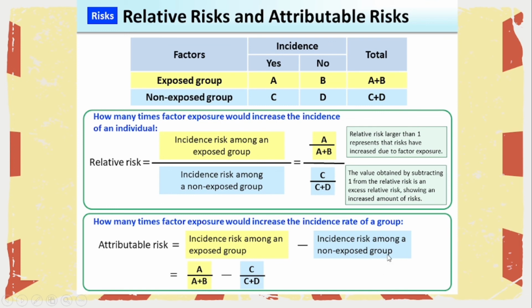And then, pag tinatanong sa attributable risk, multiply mo lang sa factor na 100. And then, if minultiply mo sa factor na 100, you'll be able to get the result as a percentage. And then, do an interpretation of it. Okay? Attributable risk, incidence risk among an exposed group minus unexposed, times the factor, and then percentage yung pinaka-final result.